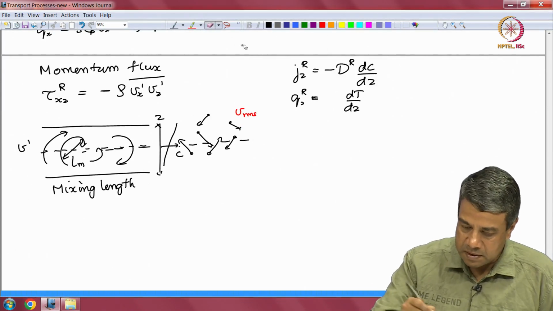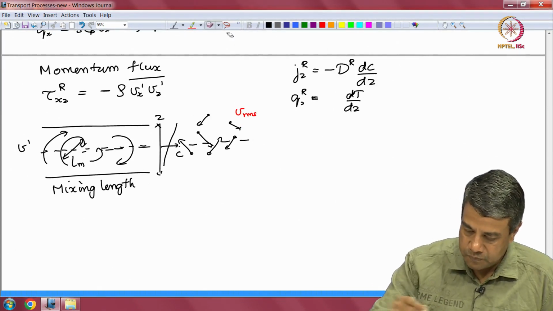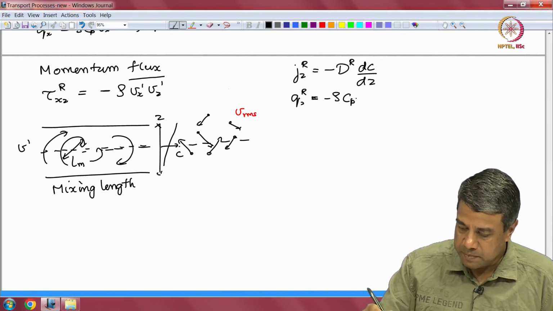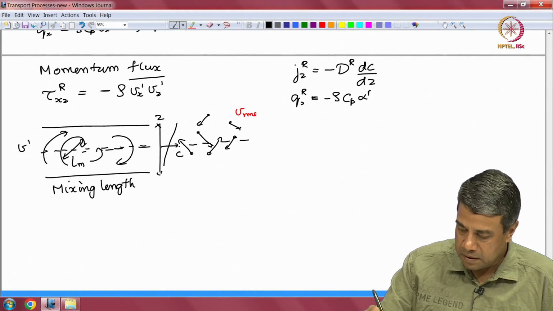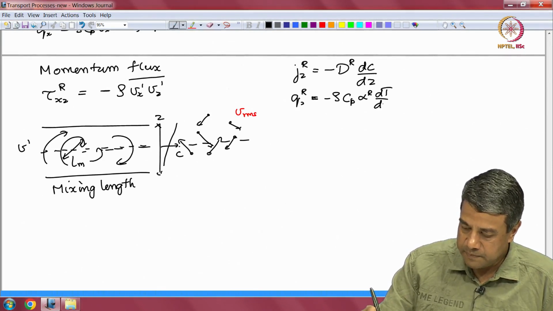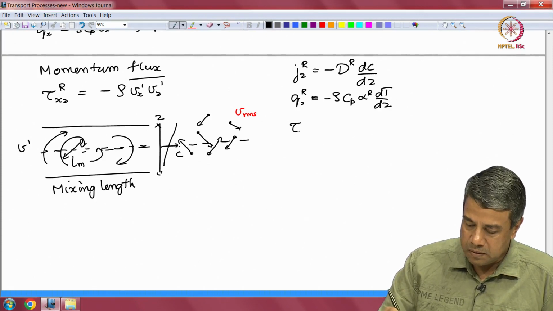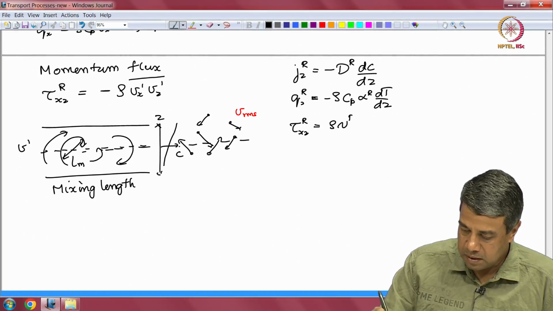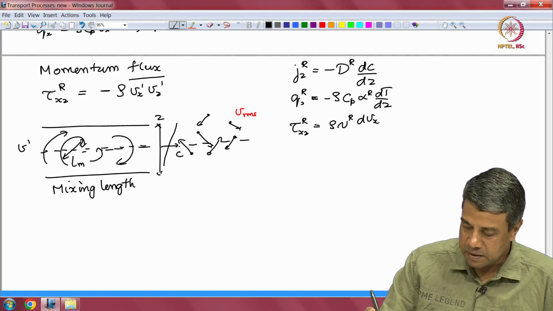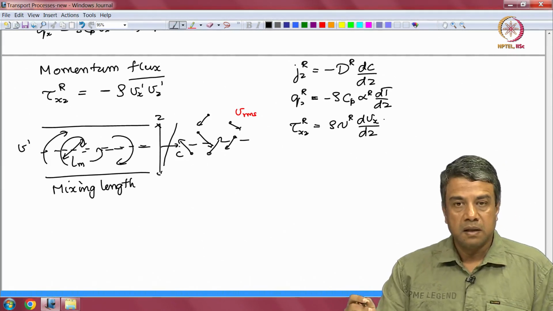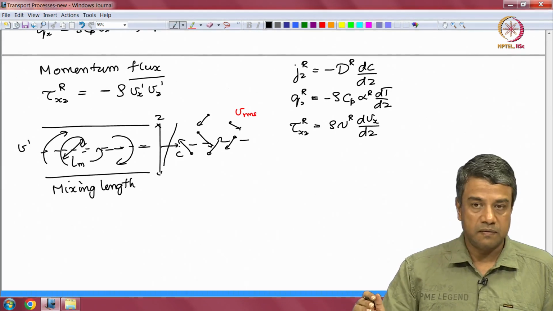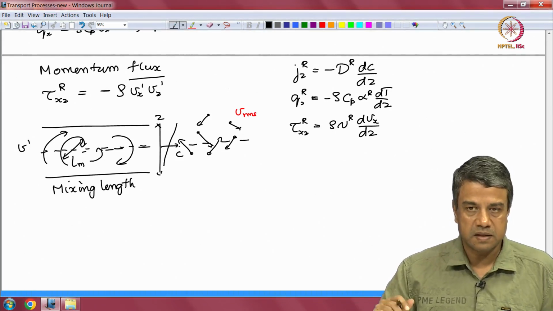This is also sometimes written as minus rho Cp alpha_r dT by dz, and tau_xz^r is sometimes written as rho nu_r dVx by dz, where the diffusivities are very similar to what you have for the molecular diffusivities. So, these are the kinds of relations that are written.